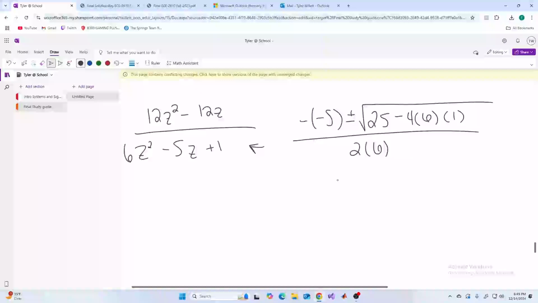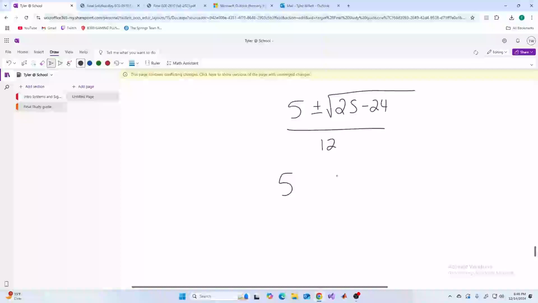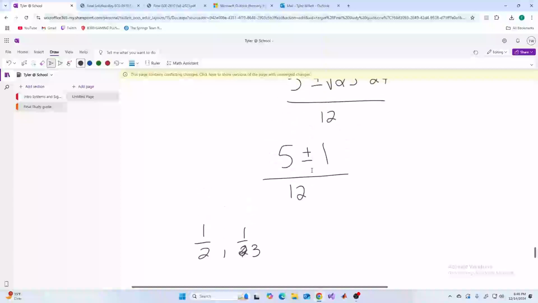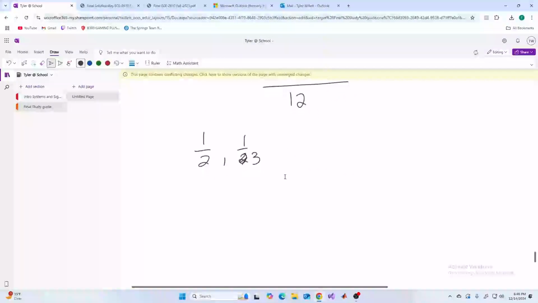So let's clean this up. I'm going to get 5 plus or minus the square root of 25 minus 24 all over 12. Then I get 5 plus or minus 1 all over 12. So my answers are going to be 1/2 and 1/3.